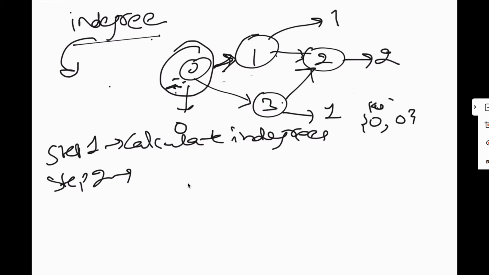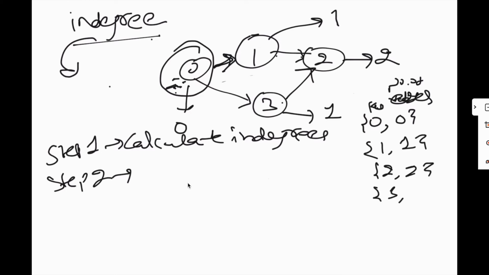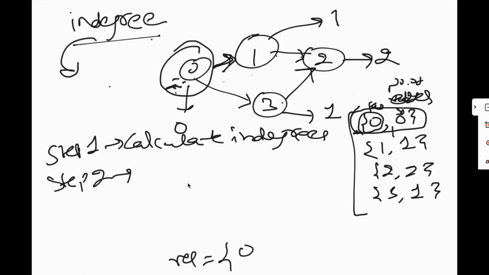This is the key, and the value is the number of edges coming to it. For 1 we have 1 indegree, for 2 we have 2 indegree, for 3 we have 1 indegree. So we will iterate through this and find a key where the value is 0. If we traverse here, we only find the first node 0 which has indegree 0. So we can directly put 0 into our result answer.